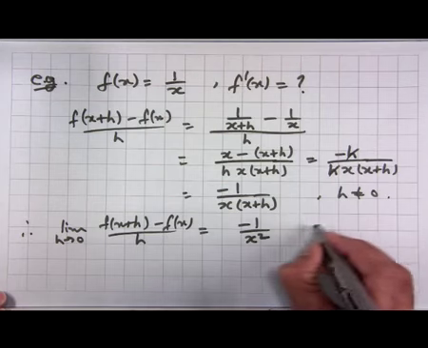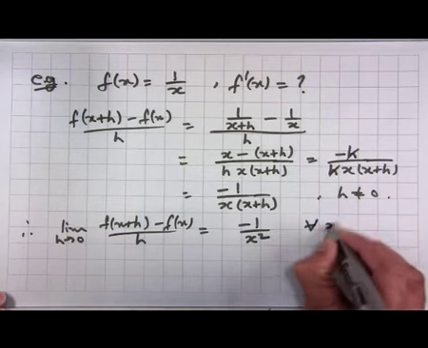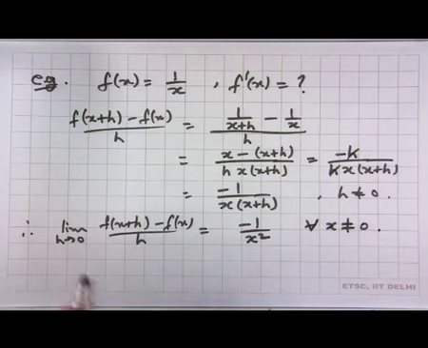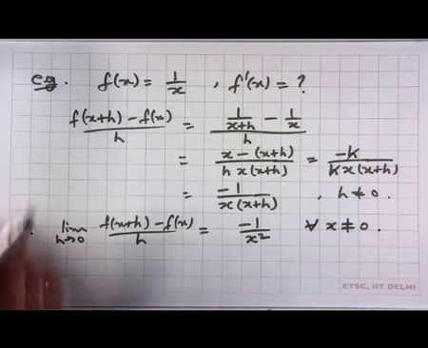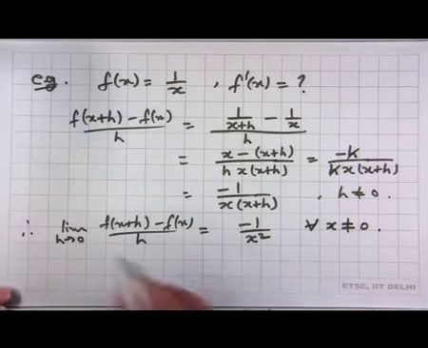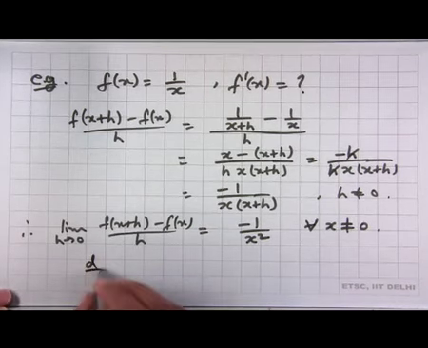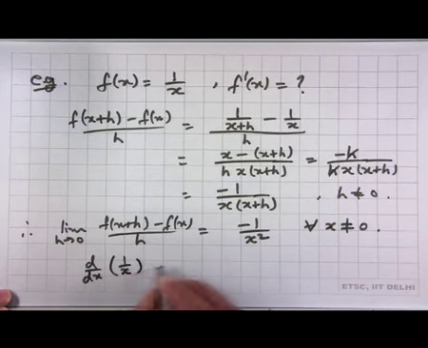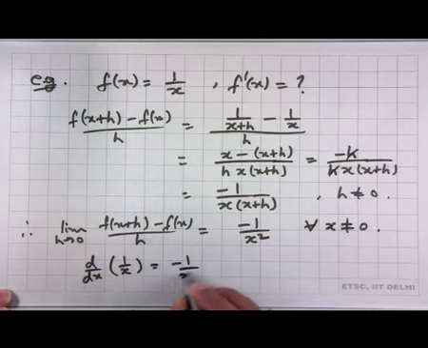This is true for all x not equal to 0. This function is not even defined at 0, so we cannot talk about the derivative at 0, but for any x not equal to 0, we get that d by dx of 1 by x is equal to minus 1 by x square for x not equal to 0.